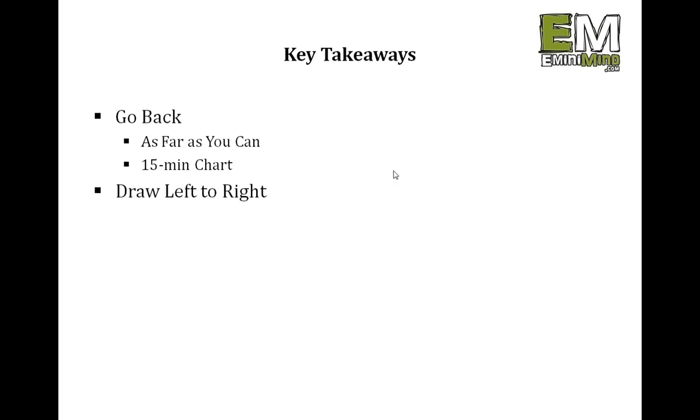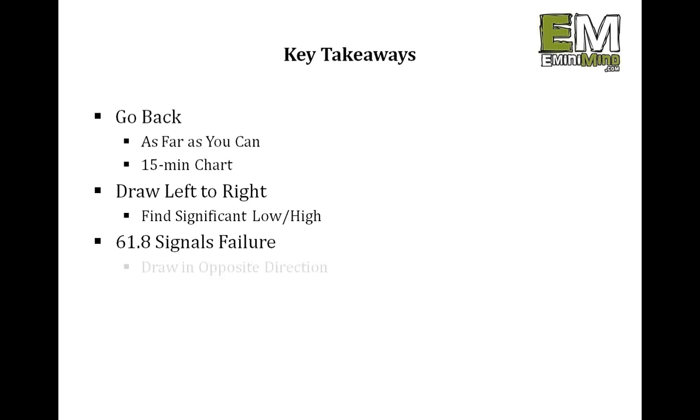So just some key takeaways from that: you want to go back as far as you can, and trading on a 15-minute chart, I like to go back on a 15-minute chart, and you go from left to right, and you want to find that significant swing low or swing high, and then denote that the 61.8 is the failure level. So once the 61.8 is broken, then you simply draw the halfway backs in the opposite direction.